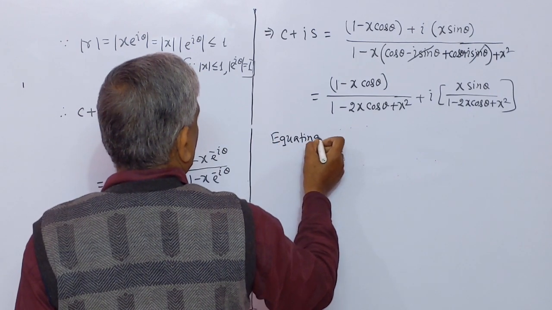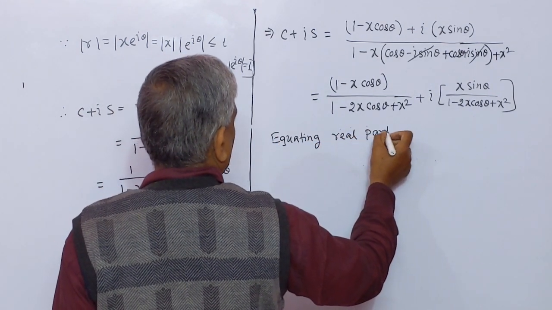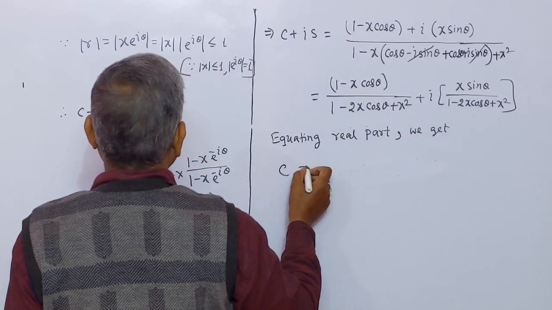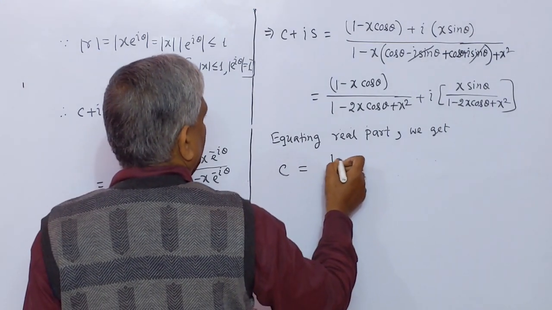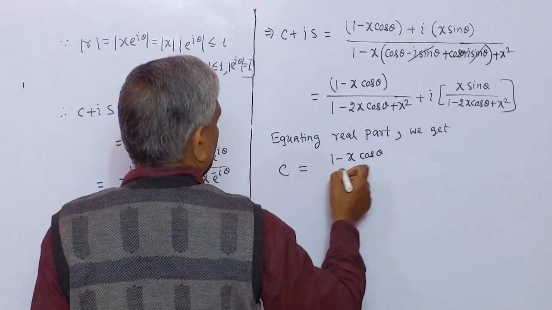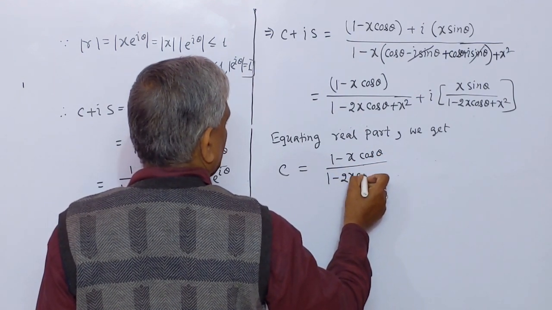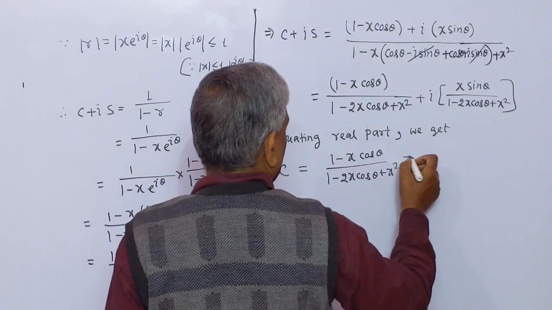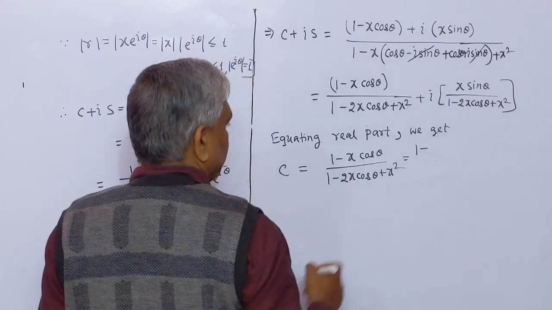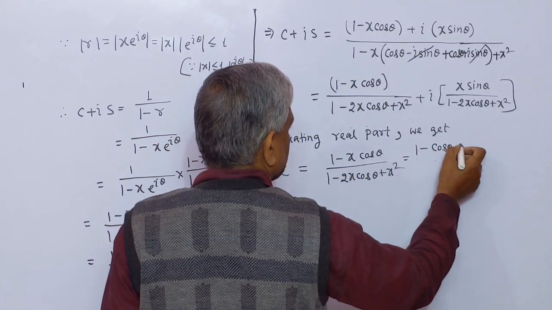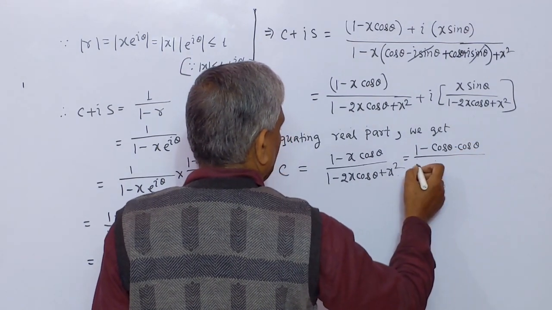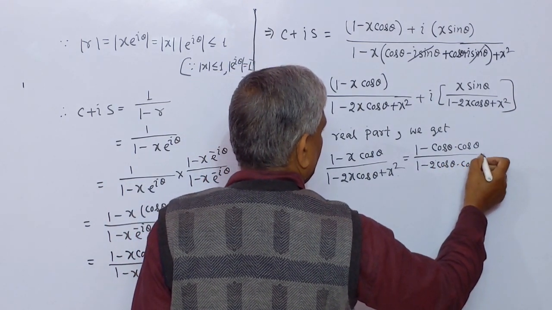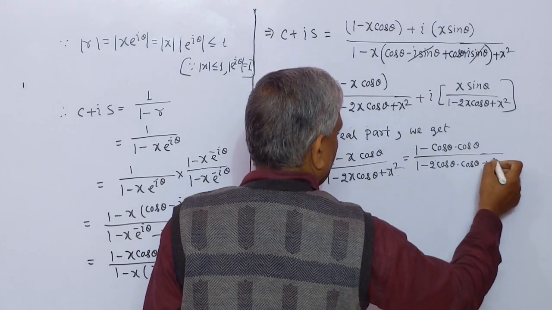Equating the real part, we get C equal to 1 minus x cos theta by 1 minus 2x cos theta plus x square, and we write this, putting the value of x equal to cos theta, 1 minus cos theta multiply cos theta by 1 minus 2 cos theta multiply cos theta plus cos theta square.